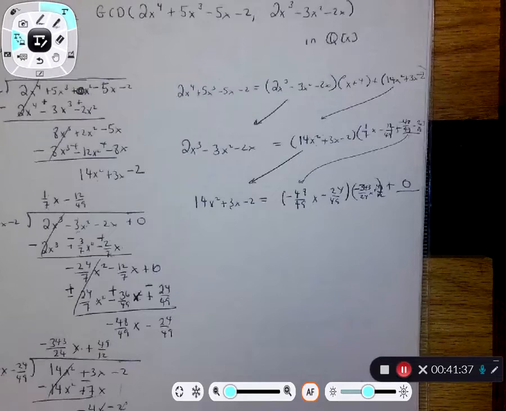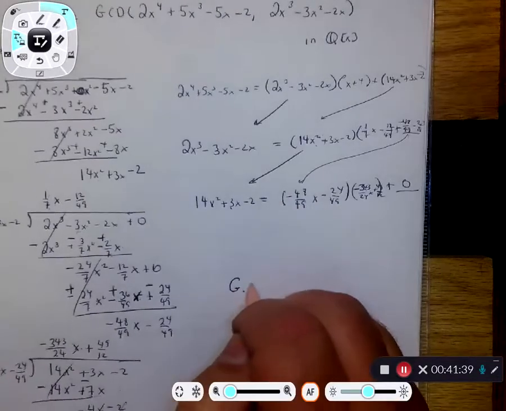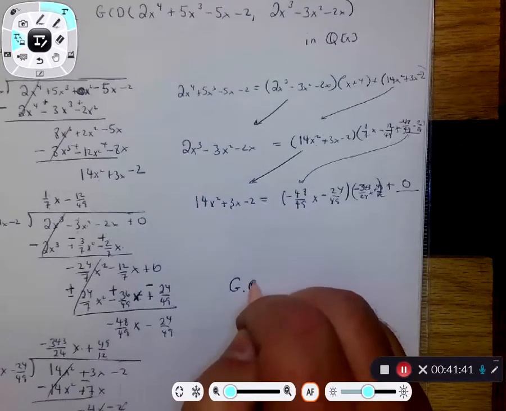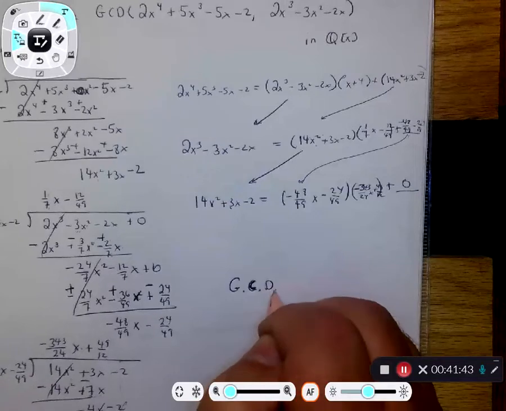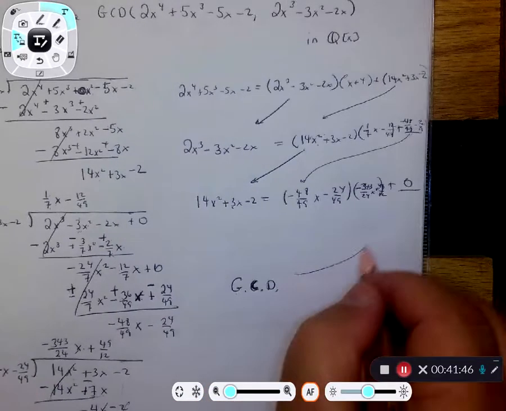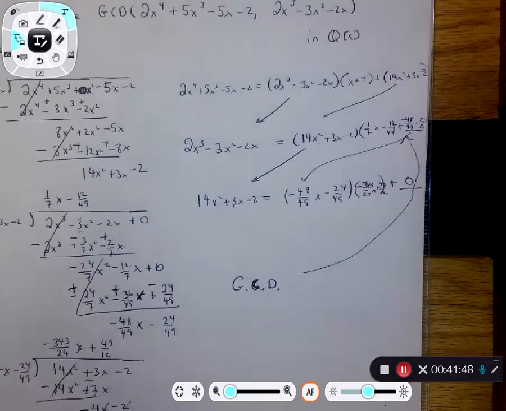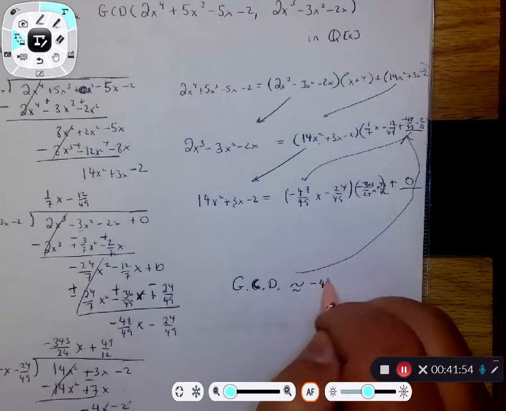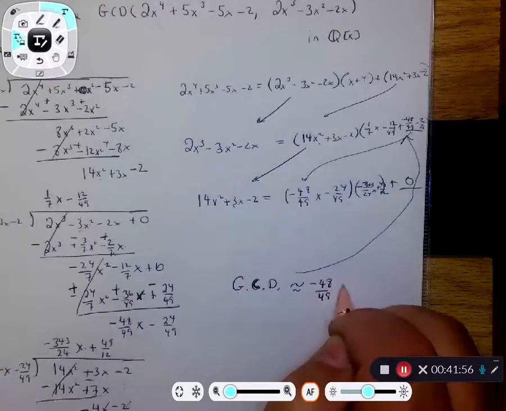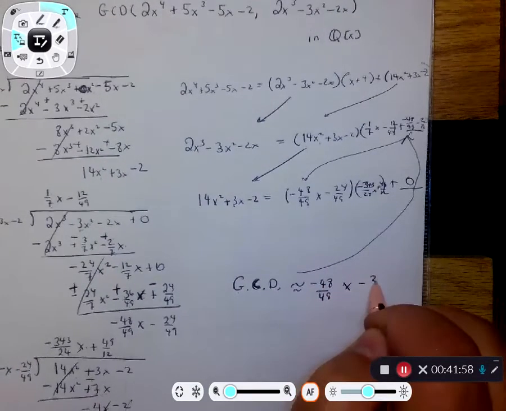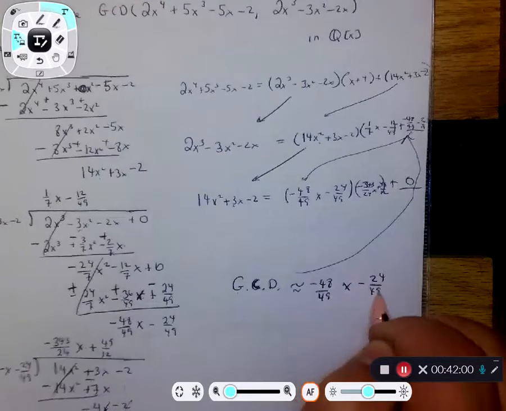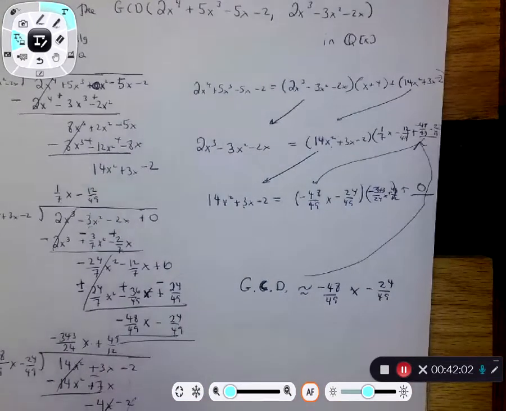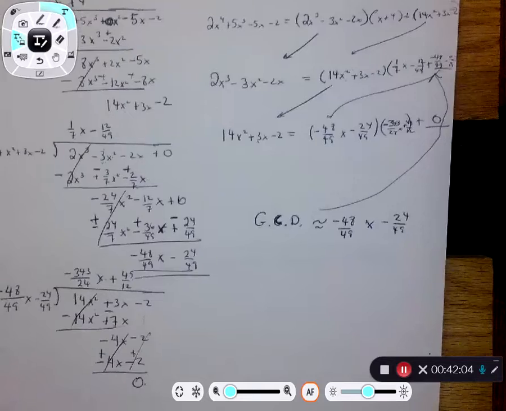And remember, to find the GCD, the GCD is the remainder before the remainder of 0. And that remainder was that negative 48 over 49x minus 24 over 49. It's the remainder before the remainder of 0.